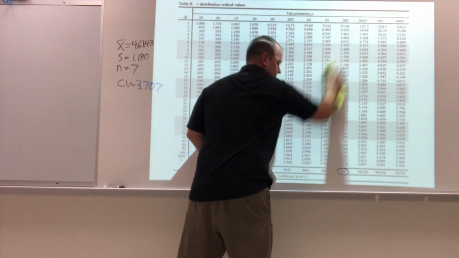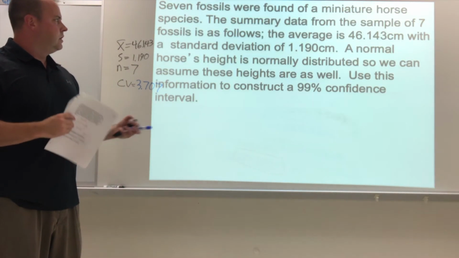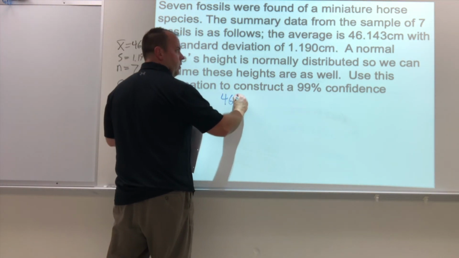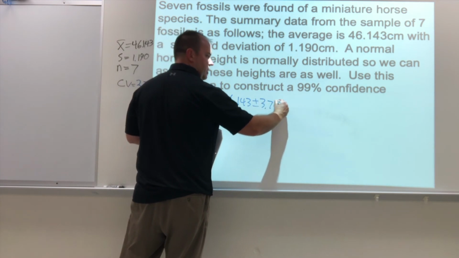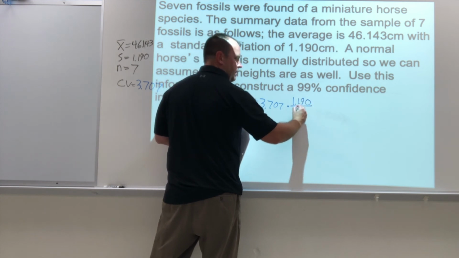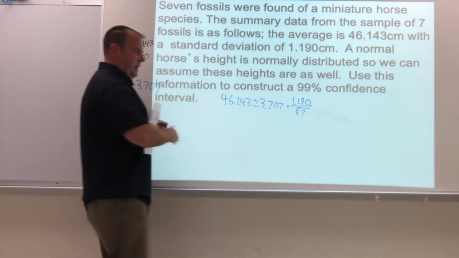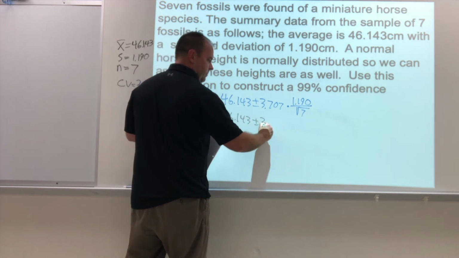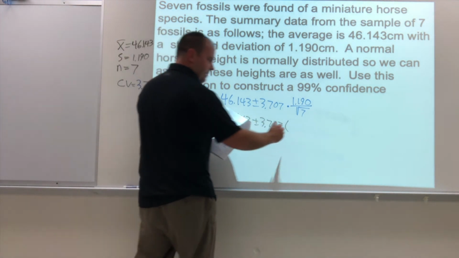Let me erase this. And let's just do the calculation one more time so you can have it in your notes. Going back to our problem, we have 46.143 plus or minus 3.707 times 1.190 divided by the square root of 7. Doing the bottom fraction first, the standard error, we have 0.45.